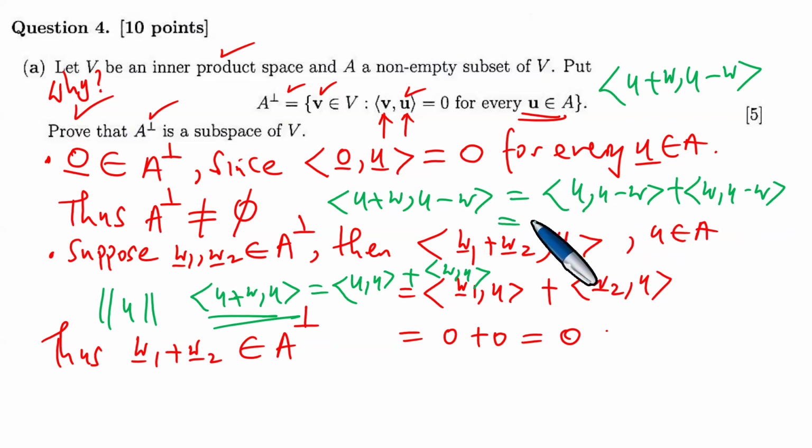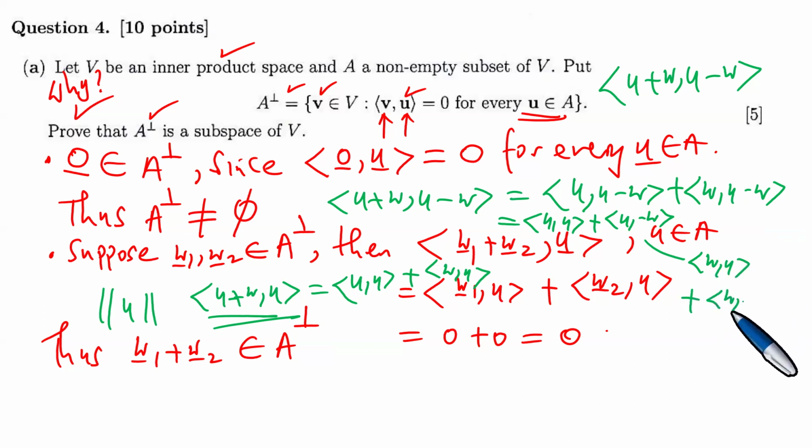So now you expand into this. That's going to be u, and then plus u minus w. The minus can go out here. Now you come to this one. Now the w, u minus w, you write w, u, and then the minus can go out, so you can have the minus there.